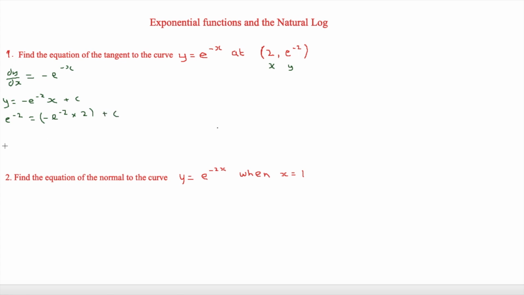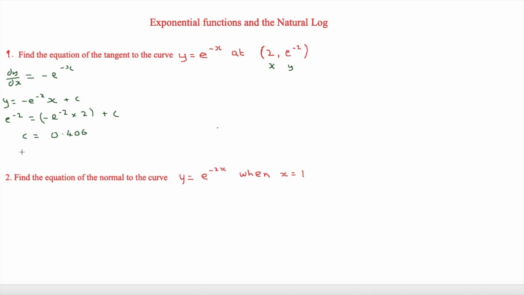And therefore, if you use a calculator to work out what everything is, so for example, you know that e to the minus 2 is equal to 0.135, then you can work out that c is equal to 0.406.